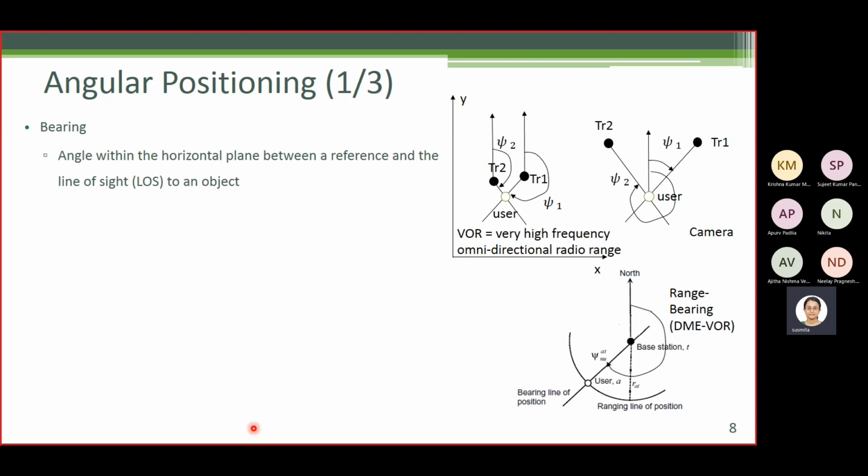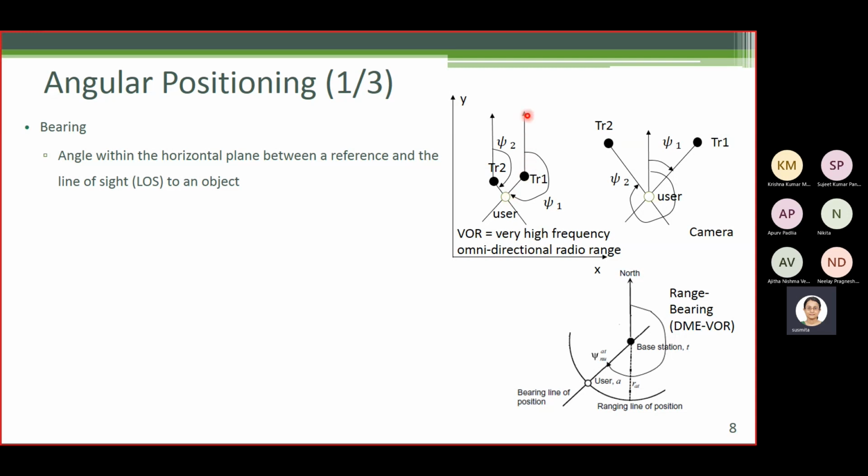So how do we define bearing? Now let's consider this figure to define bearing. Bearing is basically the angle within the horizontal plane. We are considering 2D, so everything is in the horizontal plane, between a reference and the line joining the transmitter and the user.